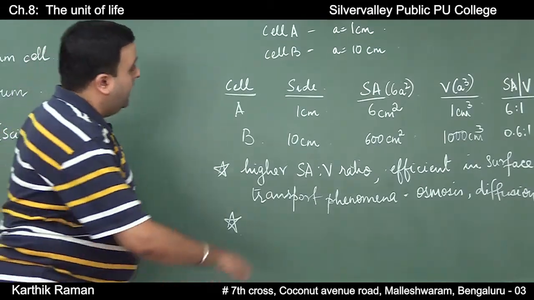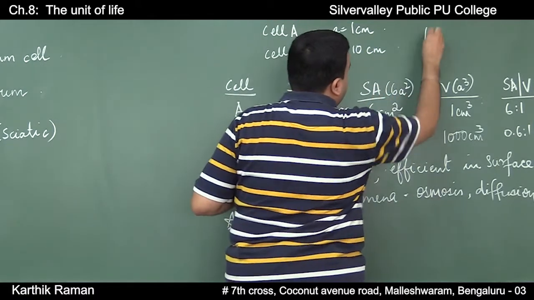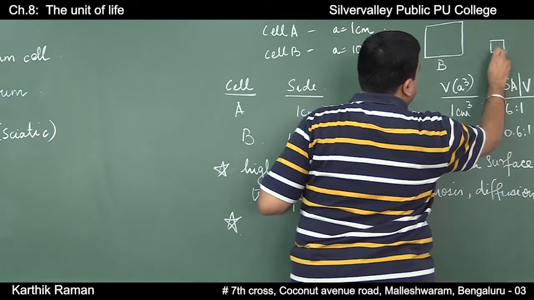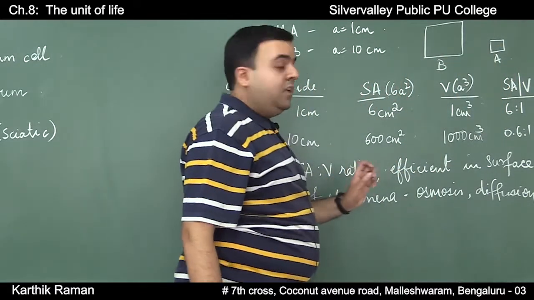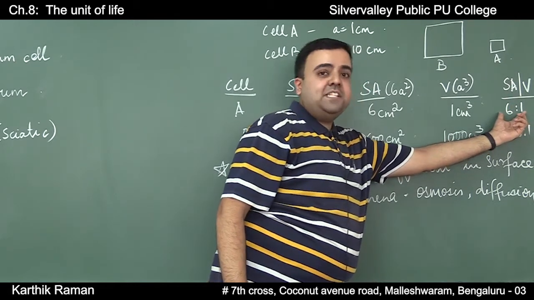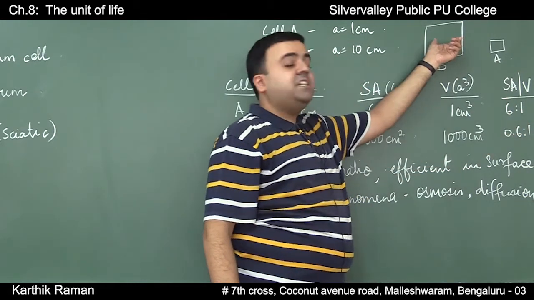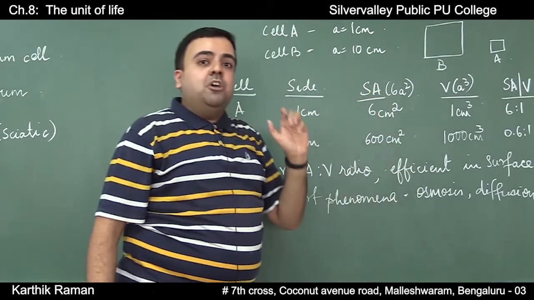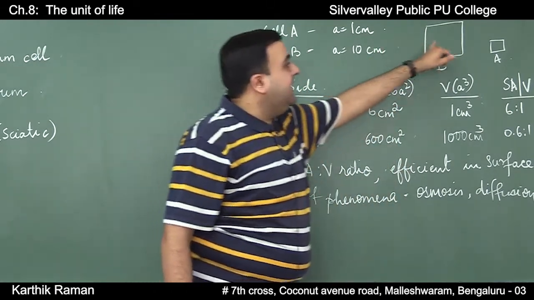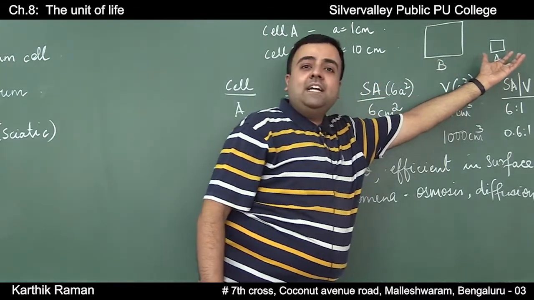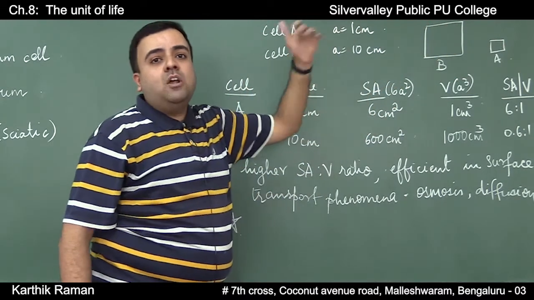The second and the most important postulate. Now imagine this cell B is this big, then the cell A is this small. Though being this small, it's going to have a higher surface area to volume ratio and is more efficient than a bigger cell. So now the question is, will you prefer a single large cell or would you like an aggregation of small cells?